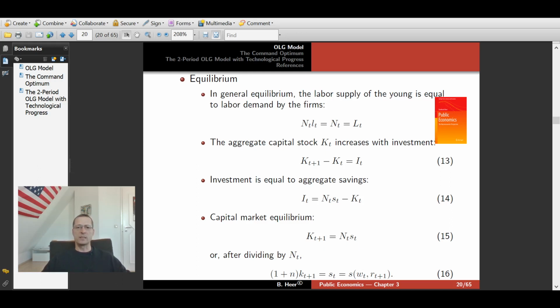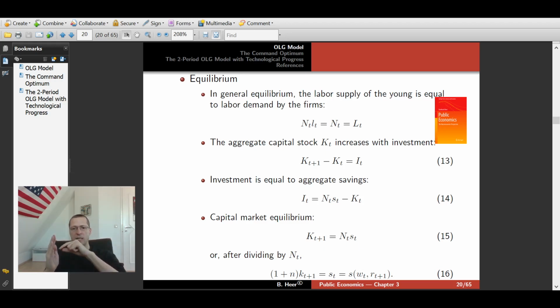The aggregate capital stock, uppercase K_t+1, is equal to aggregate savings. So again, remember the timing in our period. We have a period which starts, period t starts at point 0. Then at the end of the period t, we get our wage, we consume, and we have our savings.